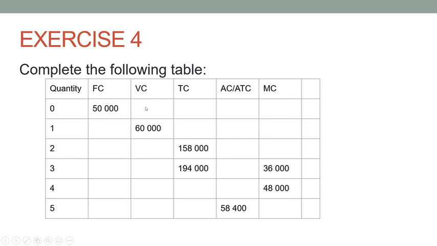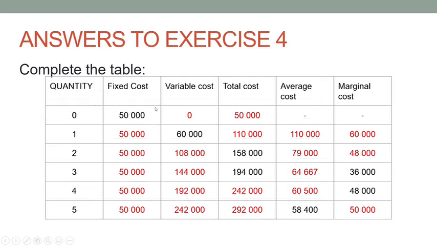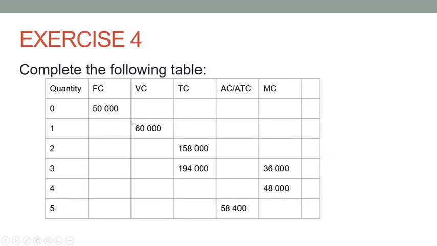So that answer there will be 0. And then to get to my total cost, it will be fixed cost plus variable cost. So it's going to be my 50,000 plus the 0 for variable cost, which will then give me my total cost, which will also be 50,000.